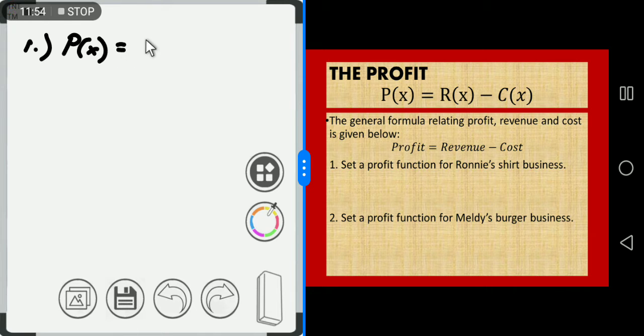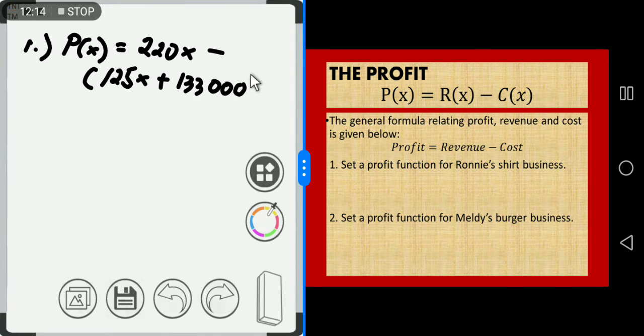Ang revenue function niya kanina ay 220x, kung hindi ako nagkakamali, minus yung kanya pong cost function na 125x plus 133,000. Okay? So, ayan yung ating magiging start.